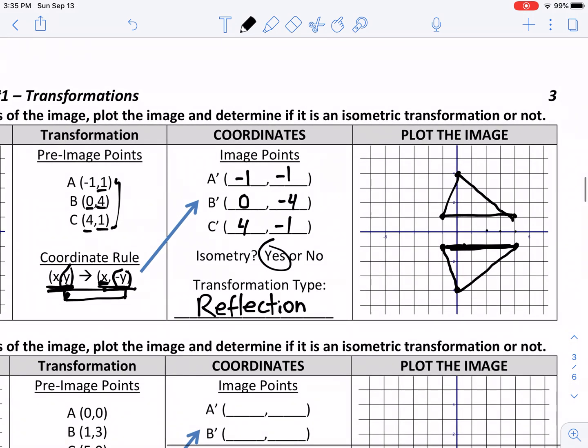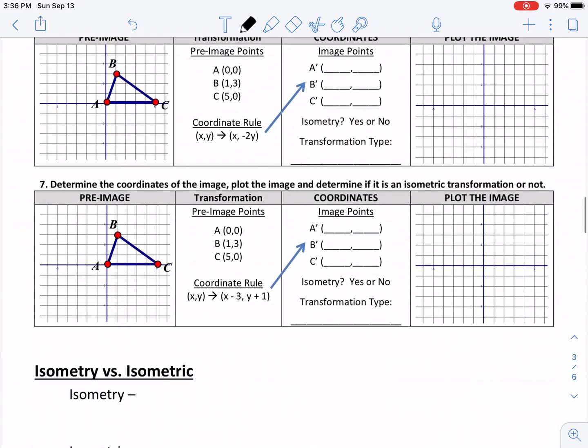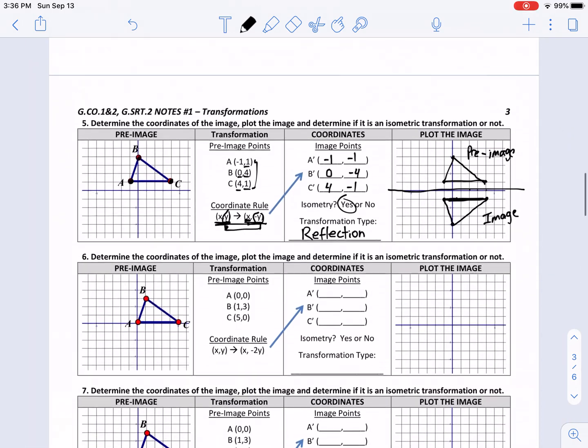This guy right here was the pre-image, and after we mapped all the points, this was our image. It was an isometric transformation because it maintained size and shape, and it was a reflection over this line here. So I wanted you to be aware of that, and we'll go over these again tomorrow and with other examples as well.